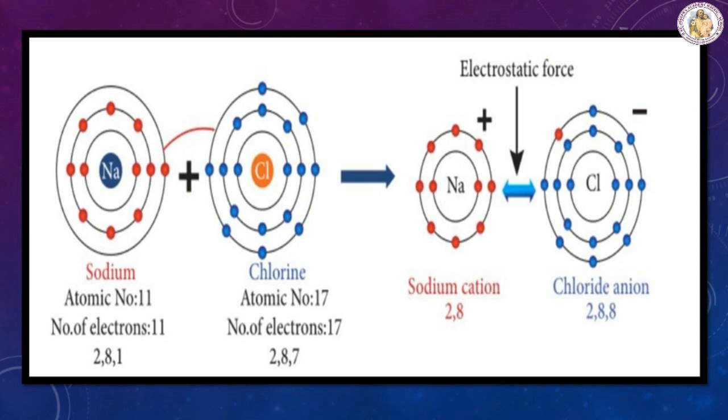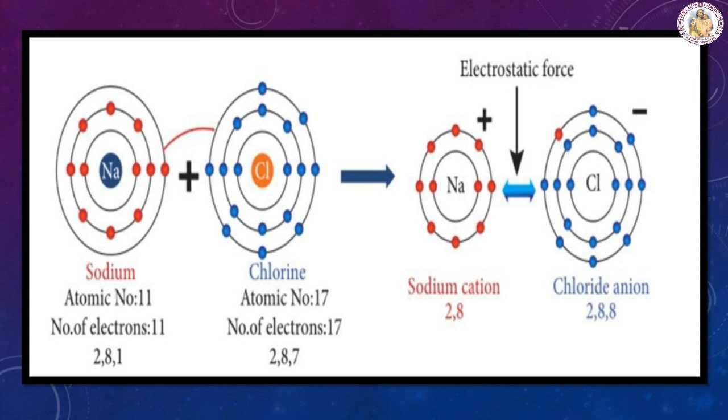So when these two atoms come together because of force of attraction, sodium forms what? Sodium cation. Why? Because it has one electron in the outermost shell to transfer to the other atom.